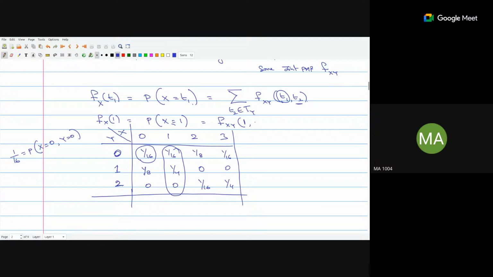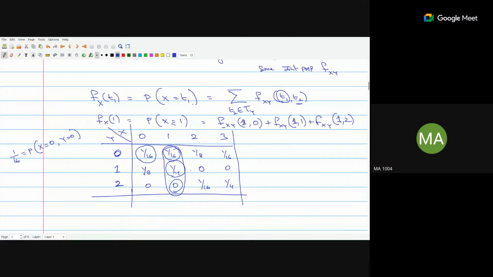So I have to add f_XY(1,0) plus f_XY(1,1) plus f_XY(1,2). So this will stay constant, but I have to add up all the joint probabilities by varying the unwanted y. So f_XY(1,0) is this, f_XY(1,1) is this, f_XY(1,2) is this.